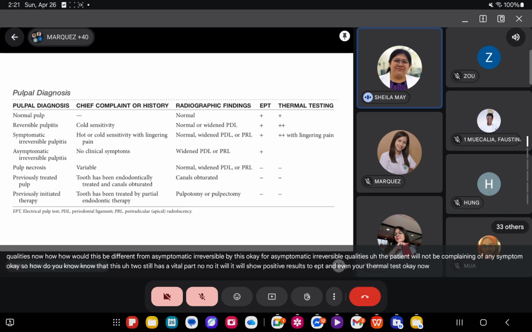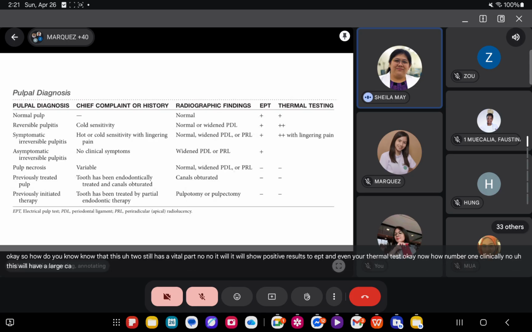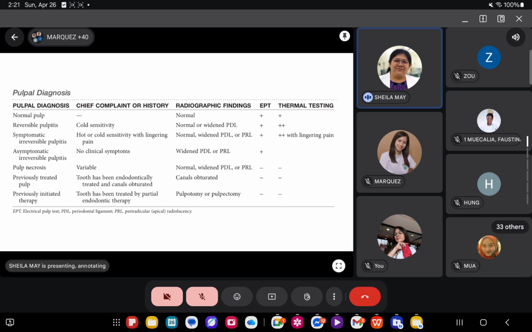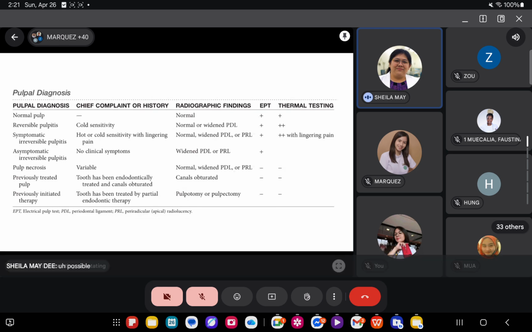Clinically, this will have a large cavitation. Radiographically, this tooth can have a widened PDL space, but no periapical lesion. It's possible. Okay? But it's still vital. The pulp is still vital.